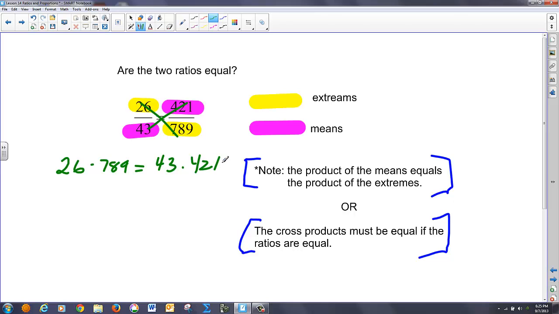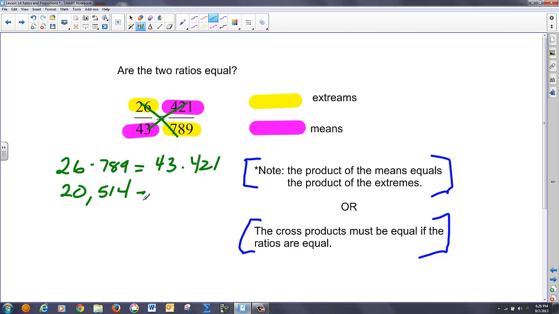If these two quantities are equal, then I know that I have equal ratios. So 26 times 789 is going to be 20,514.